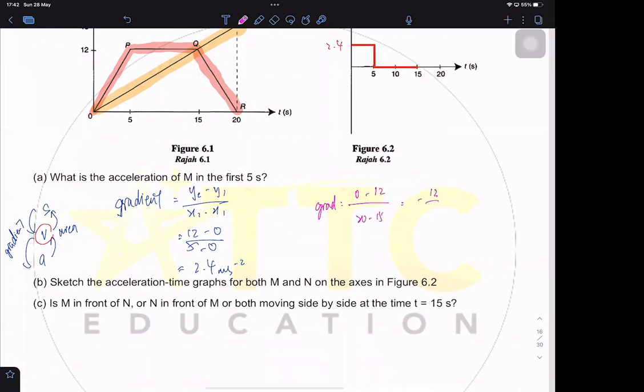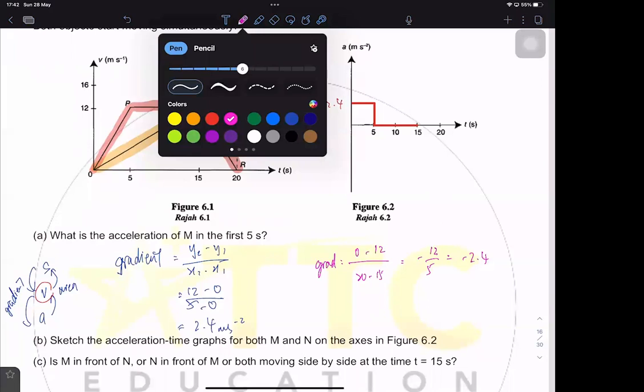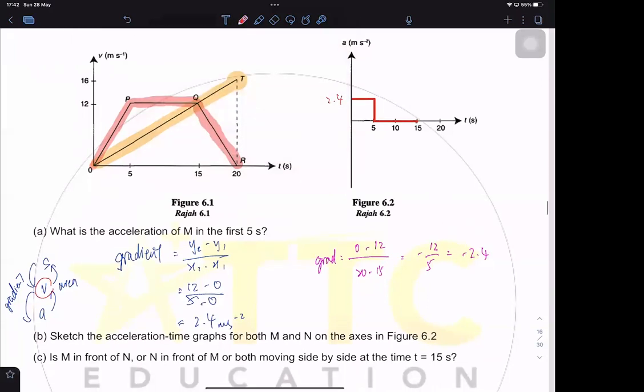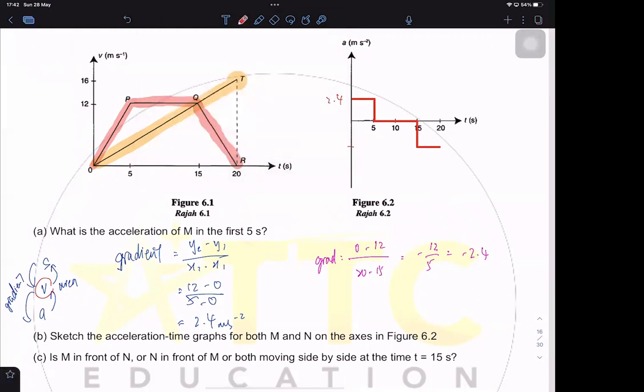It's negative 12 over 5, so it's negative 2.4. So the last 5 seconds, it is negative 2.4.